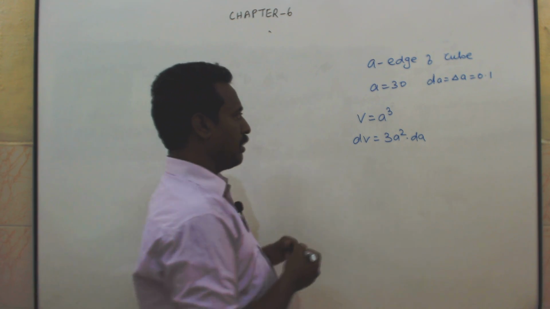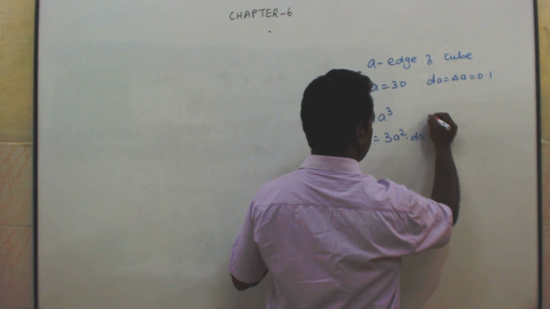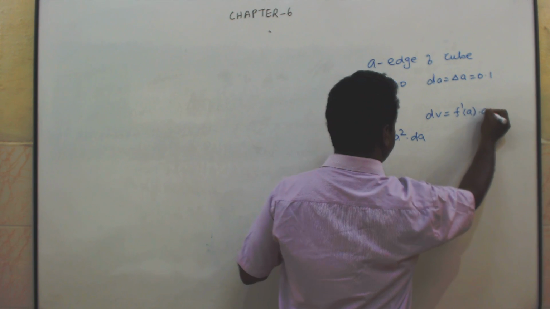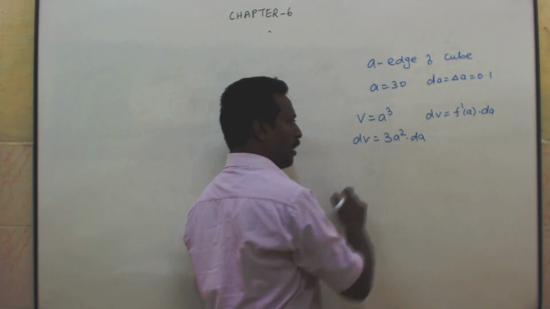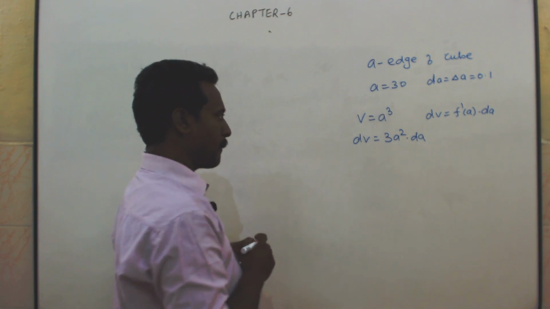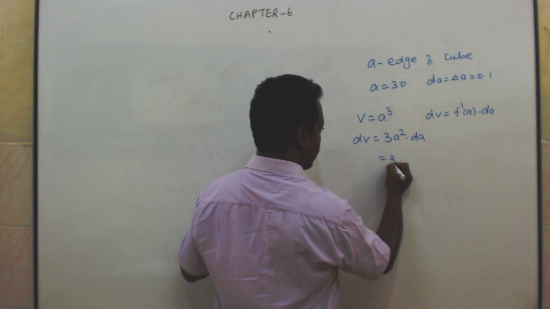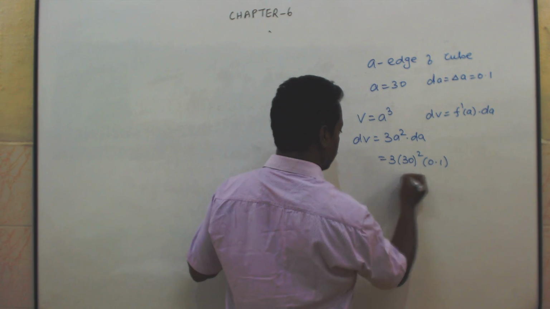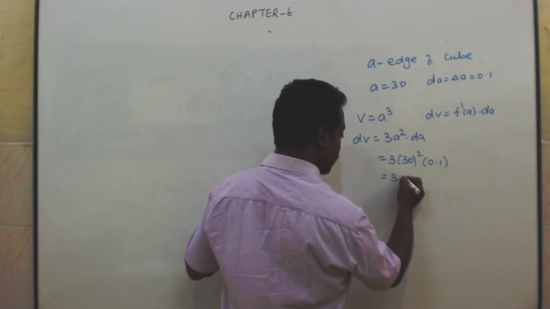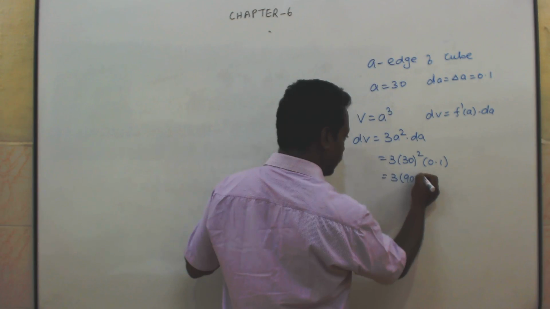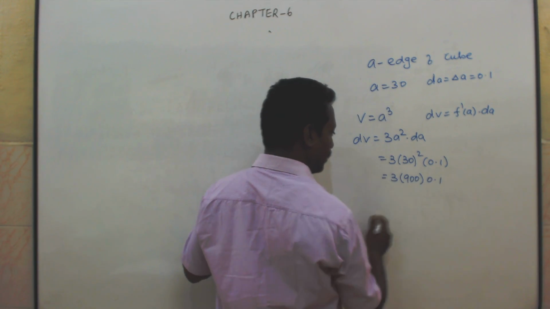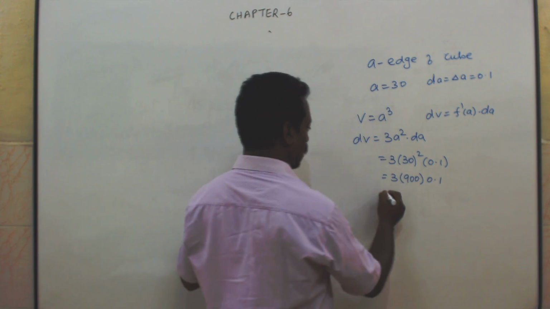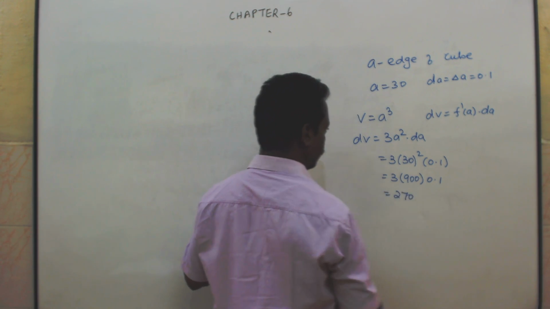Same method. dV is equal to f dash of A into dA. Using that formula, we will get this result. 3, A is 30 square, dA is 0.1, that is 3 into 30 square is 900 into 0.1, 3 into 900, 2700 into 0.1 is 270.